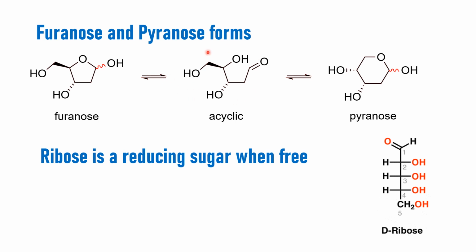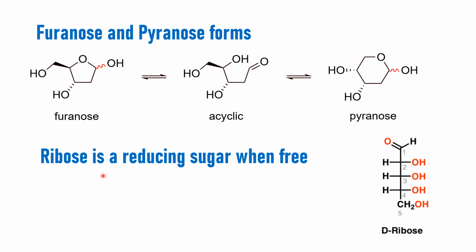This ability of a carbohydrate to change between the open chain and closed chain structures is called mutarotation. If you are interested in learning about glucose and other disaccharides, you can look at our earlier videos on carbohydrates, part 1 and part 2, where we have discussed in detail all these open chain and cyclic structures and various properties of carbohydrates.